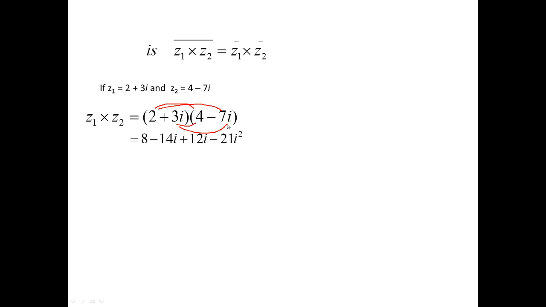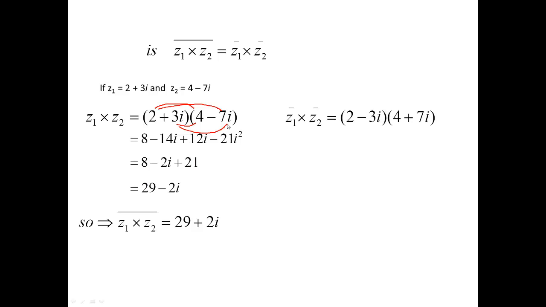If z1 equals 2 plus 3i and z2 equals 4 minus 7i, z1 times z2, we're just going to do this first by first, outside by outside, inside by inside, last by last, and we come up with 8 minus 14i plus 12i minus 21i squared, which gives us 8 minus 2i plus 21, 29 minus 2i. Now let's take the conjugate of that, it becomes 29 plus 2i.